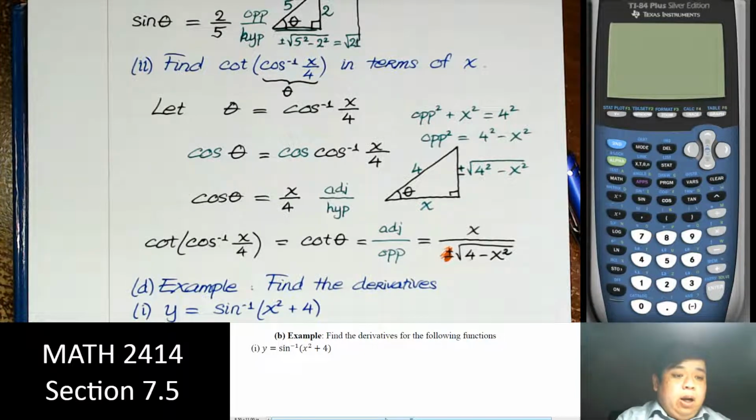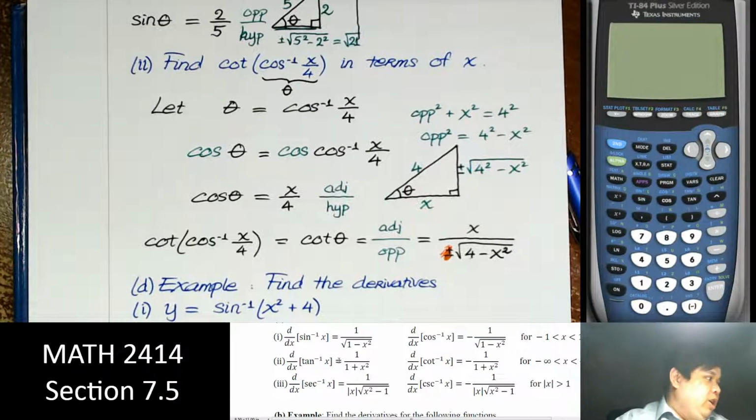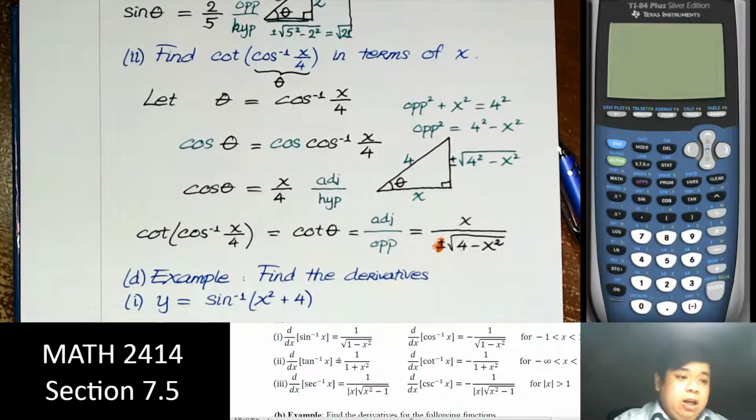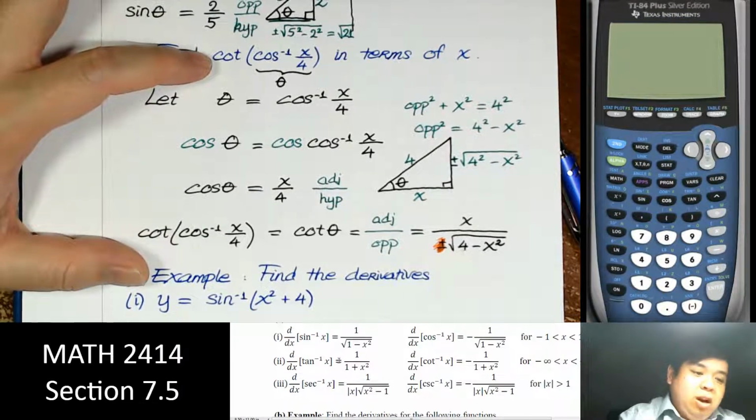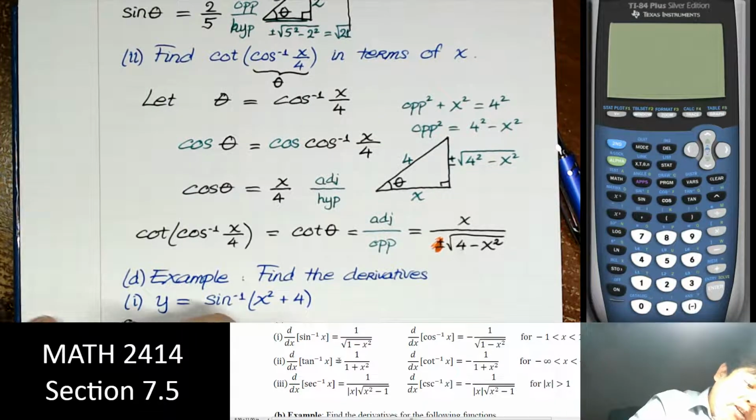Right. We don't even need those rules to find the derivative. We just do that with just some basic derivative rules. So the first thing we do is similar to what we had earlier. We have the sine inverse, and to get rid of that, I'm going to just take sine on both sides.